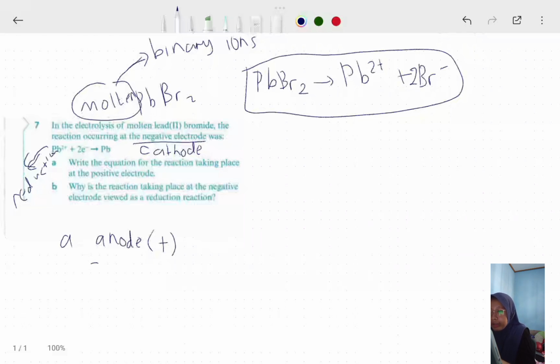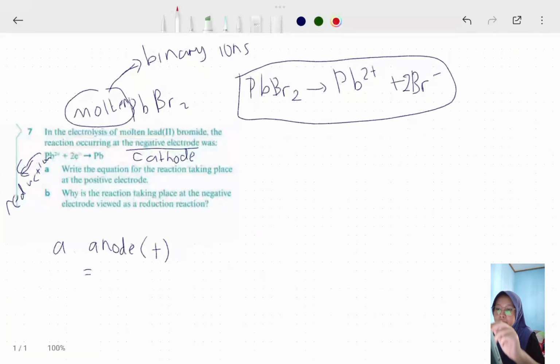What ion will react at the anode? You can take a look at the compound, lead(II) bromide, which consists of Pb2+ ions and Br- ions. Pb2+ already reacted at the cathode.